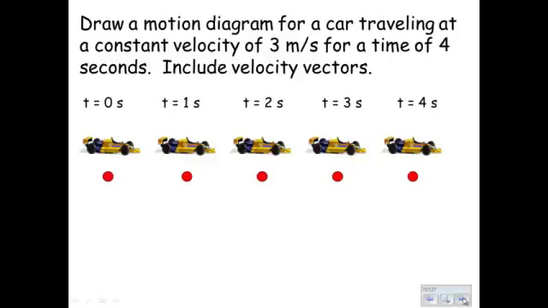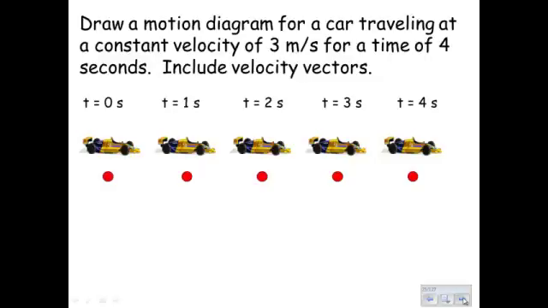But notice that we have 5 dots representing our car. You will always have one more dot than you do seconds, because you always start your motion diagram at 0 seconds.